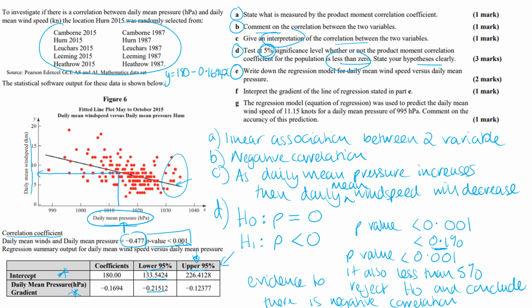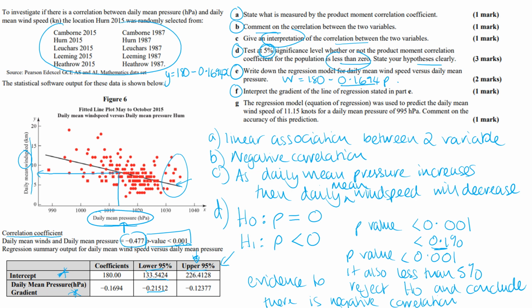But in terms of what's on the axes, the wind speed is on the y-axis, so we can say w is equal to 180 minus 0.1694 p, the pressure.